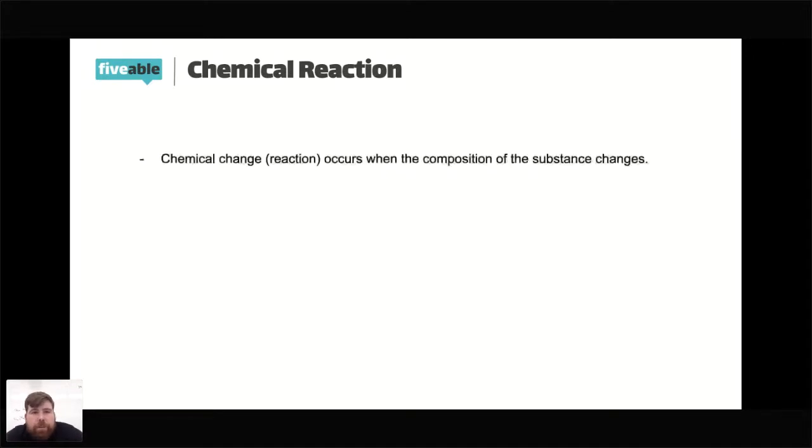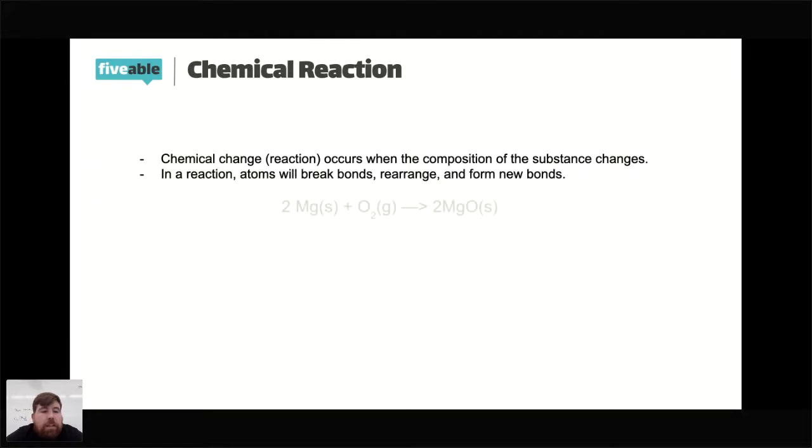A chemical reaction occurs when the actual bonds or composition of the substance changes in a significant way, like atom A is bonded to atom B, and now atom A is bonded to atom C. In a reaction, atoms will always break old bonds, rearrange themselves, and form new ones. That's always the process of a chemical reaction.